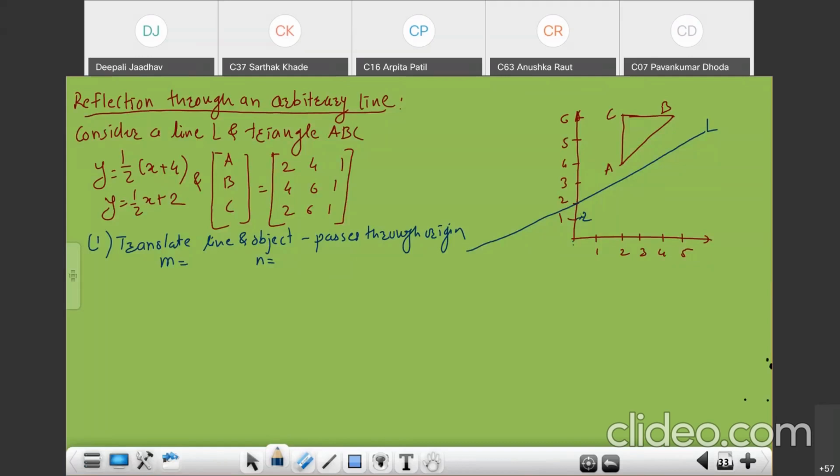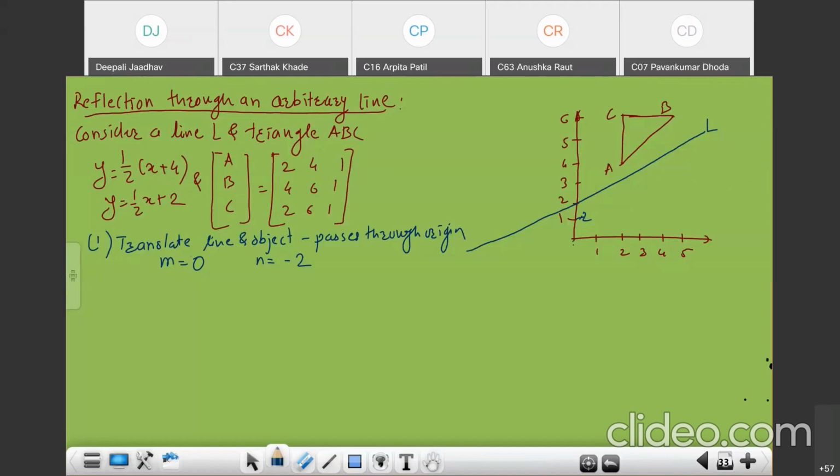We only need to translate it from here to here, minus 2 units in the y direction. So to translate this triangle and the line, m is equal to 0 and n is equal to minus 2.